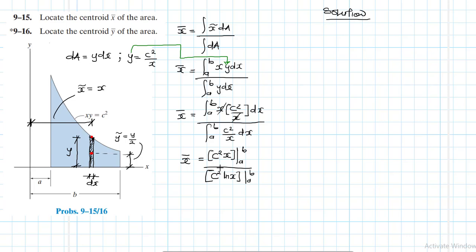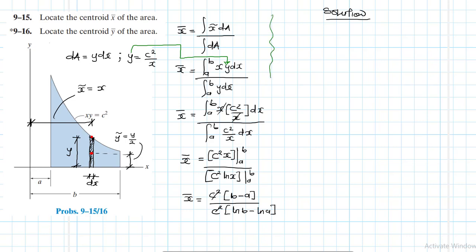Then of course, we know that we can factor out the others. So x bar therefore is going to be equal to c squared, this is c squared, not c2, times b minus a, and then down there we have ln b minus ln a. And then the c squared cancels.